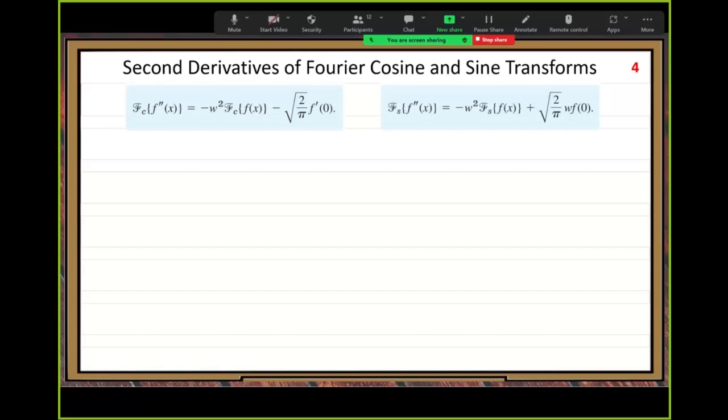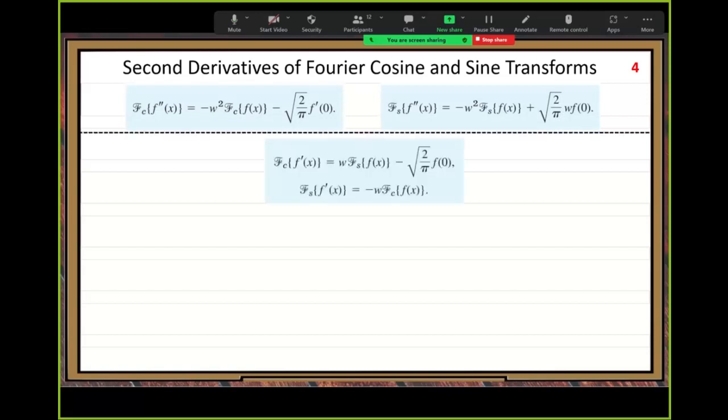But here, let me calculate a little bit. Not very hard, but we need to use the first derivative formula, applied twice. The first one, apply the first time, using the first formula. But in this W Fourier sine transform of f prime, we apply the second first derivative formula another time.